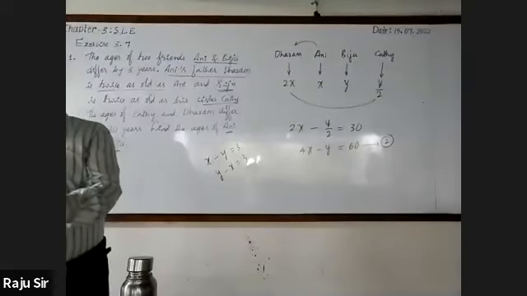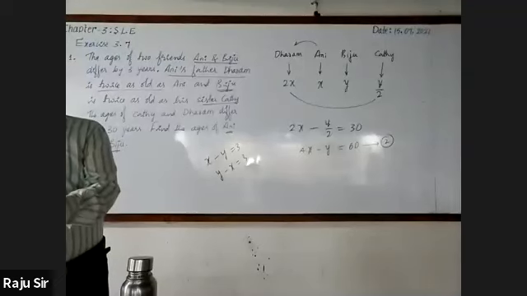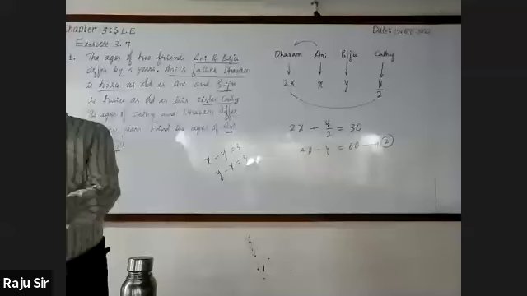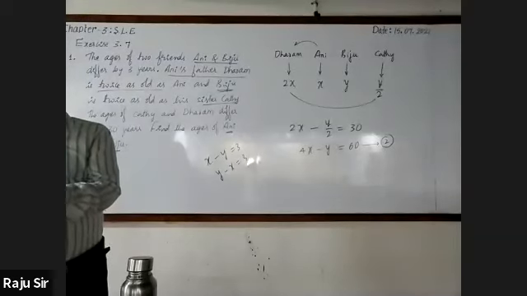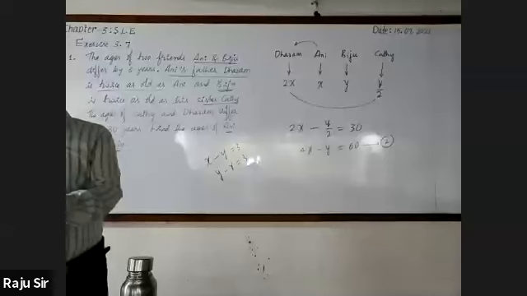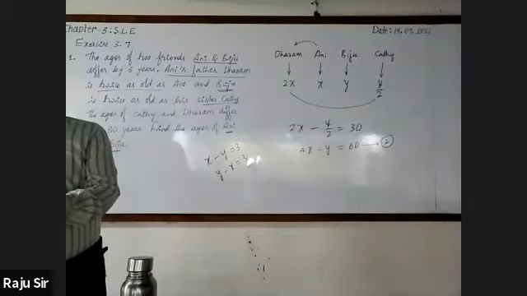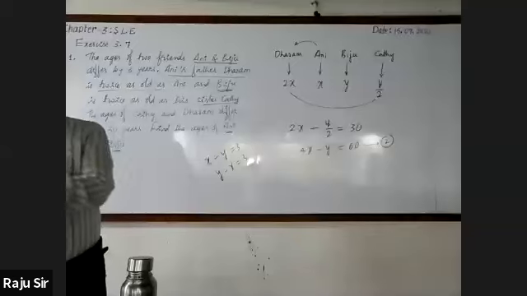Okay. But we have two cases now. Sir, Biju is greater, his age is greater than Ani. How? They are given, no, sir. Dharam and Kathy differ by 30 years.